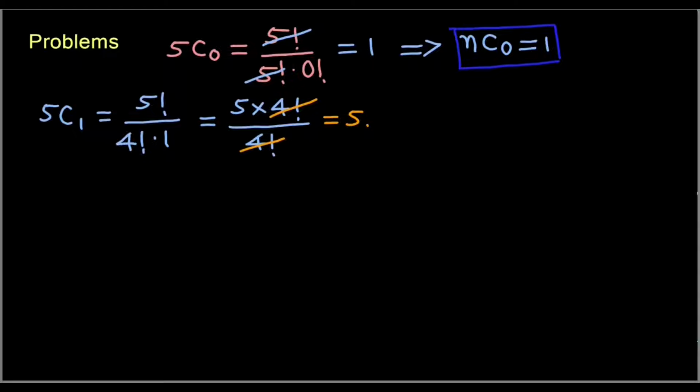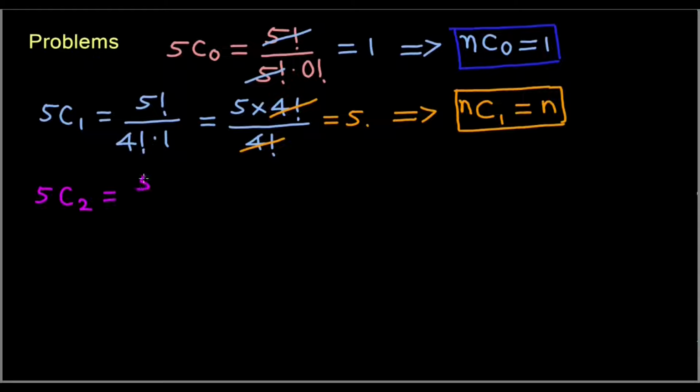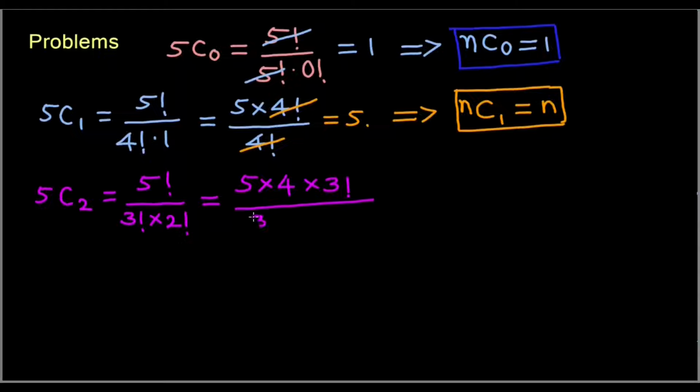So therefore in general we can say that nC1 is always equal to n. 5C2 will be 5 factorial upon (5 minus 2), that is 3 factorial, multiplied by this 2 factorial, which will be 5 into 4 into 3 factorial upon 3 factorial into 2 factorial.